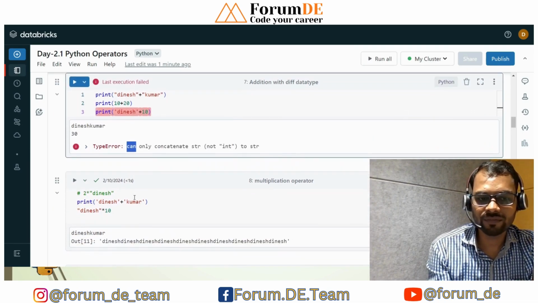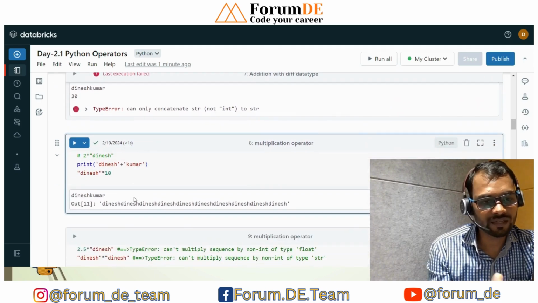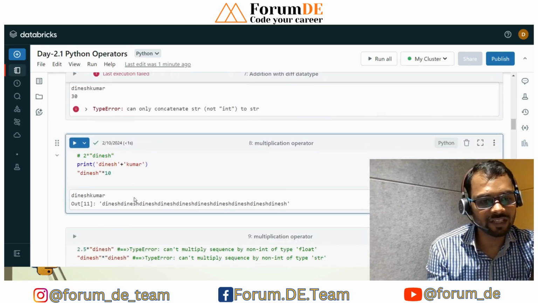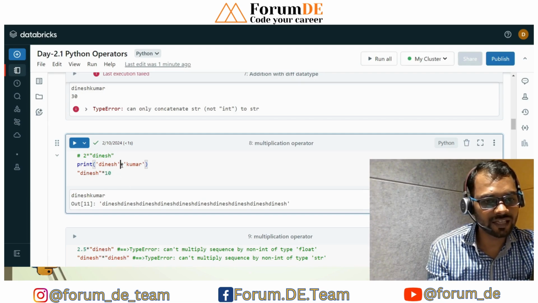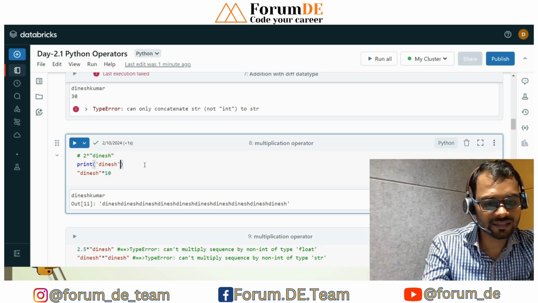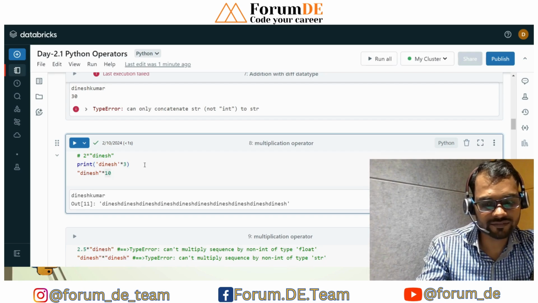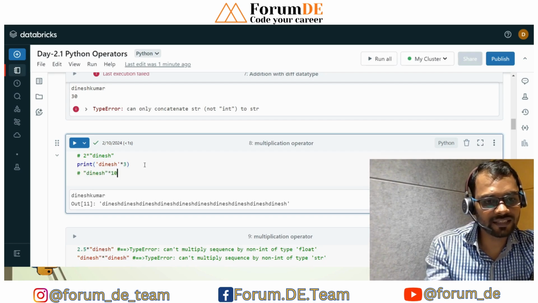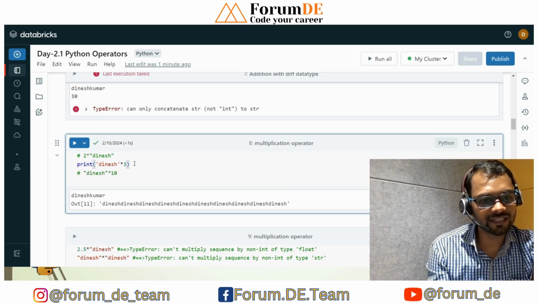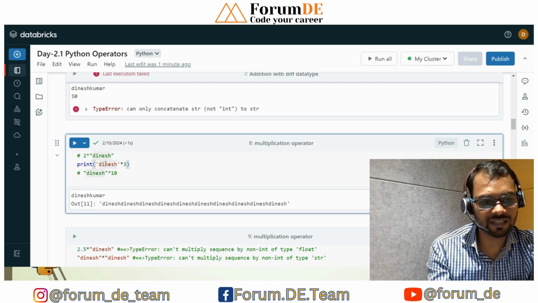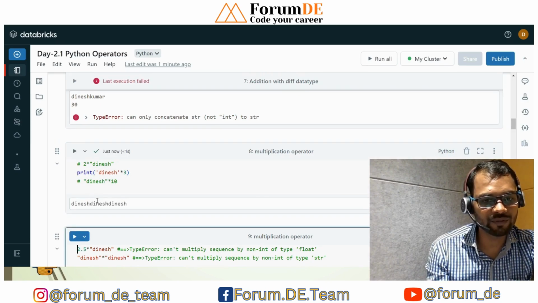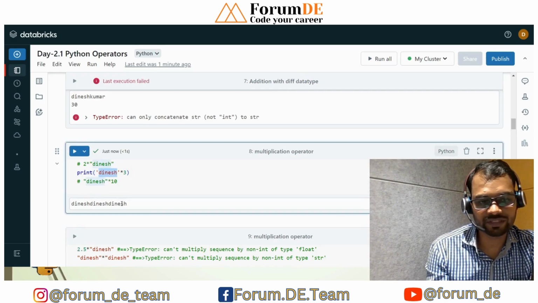Now coming to the multiplication operator. If you have Dinesh and you multiply it with 3, this will work as repetition. Repetition means this Dinesh will be repeated 3 times, because this is the multiplication.